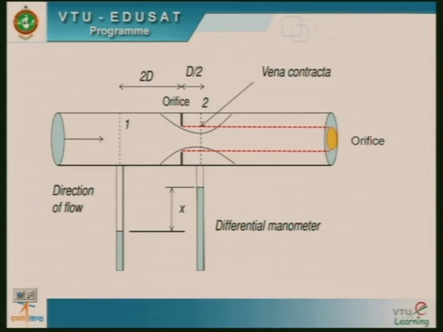That's why the coefficient of discharge of a Venturi meter is much higher compared to an orifice meter. That's why most of the time the orifice meter is outdated and replaced by a Venturi meter. I hope these things are clear. Again I repeat, the coefficient of discharge of an orifice meter is much less compared to that of a Venturi meter, which is very high.